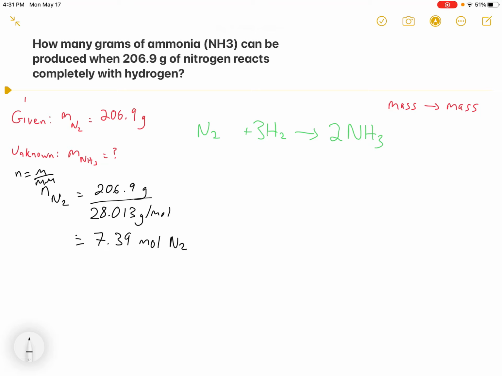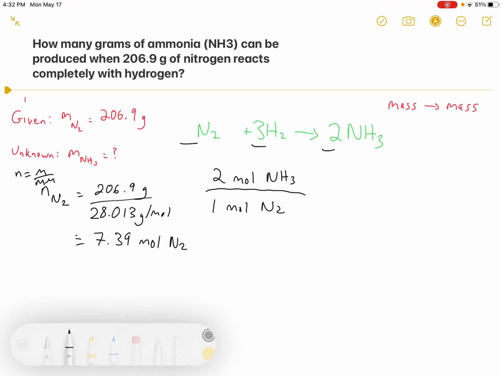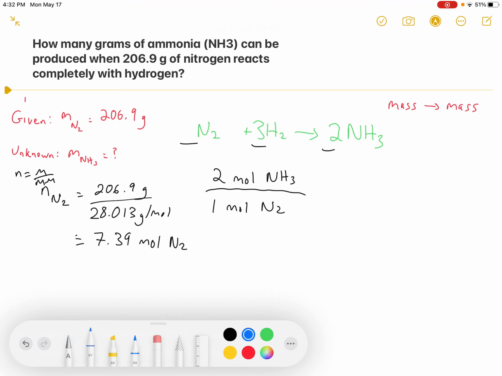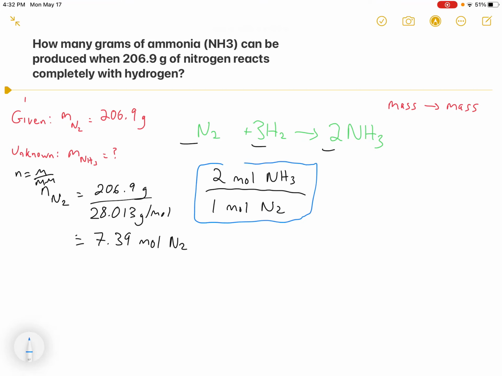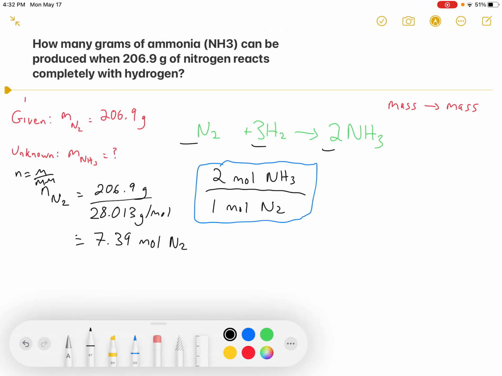Looking at the molar ratio of the balanced equation, meaning the coefficients, I know that there are 2 moles of ammonia produced in the reaction per every 1 mole of nitrogen. That's going to be our multiplier for our equivalent proportions.